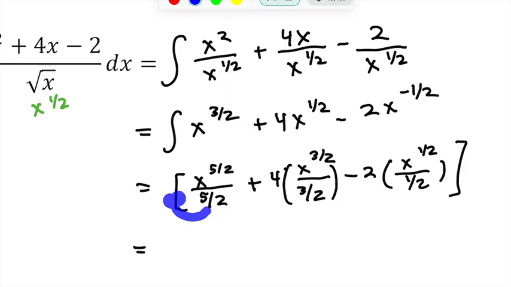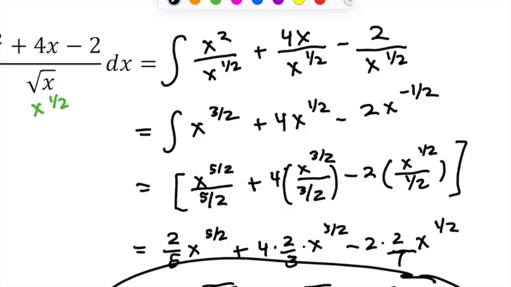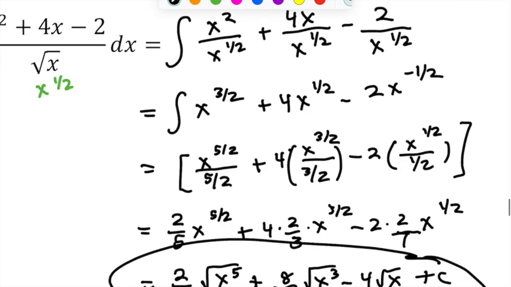Again, anything you pull out of the fraction is going to be reciprocated. So here, when I multiply this outside, I'm going to get 8/3. This is going to switch back to the square root of x cubed. This will turn into minus 4 times the square root of x. And always add your plus c at the very end.